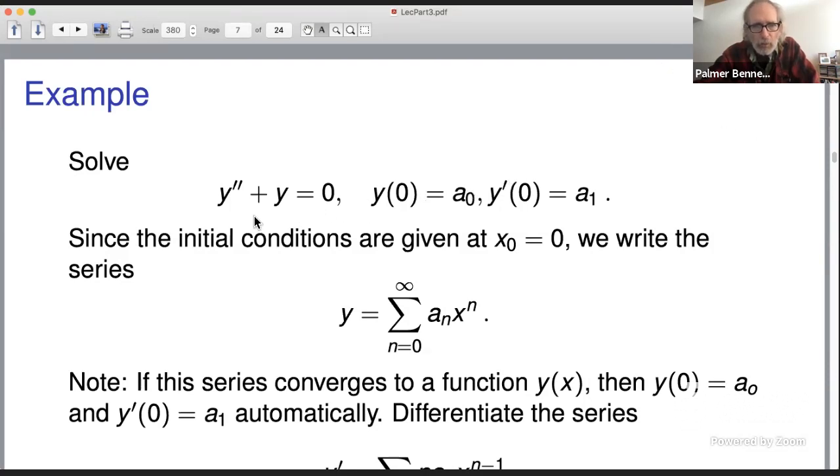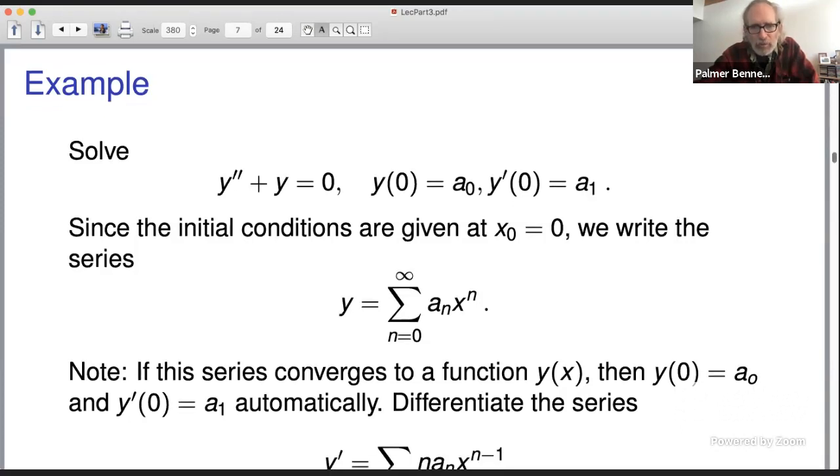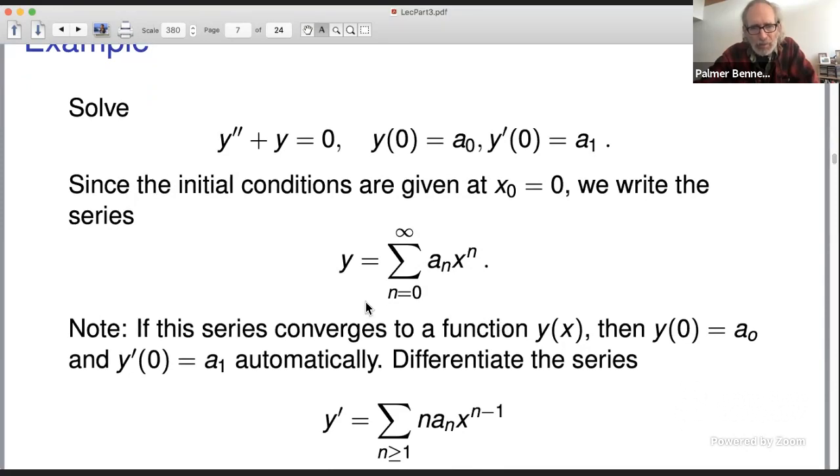Okay, so we were looking at this very simple differential equation, y double prime plus y is equal to 0. And we'll put the initial conditions, I'll call the initial position a0, and the initial velocity, we'll call this a1. Okay, so the idea is that we start with the assumption that we have a power series solution.